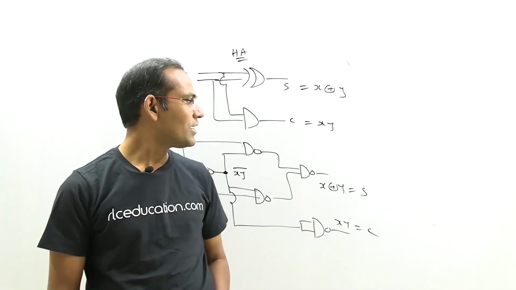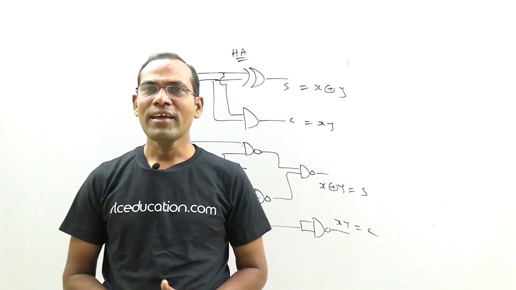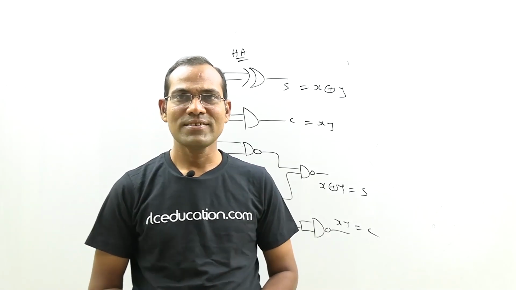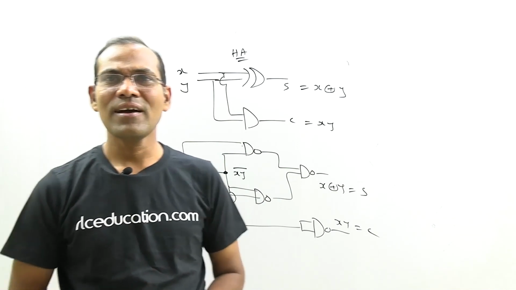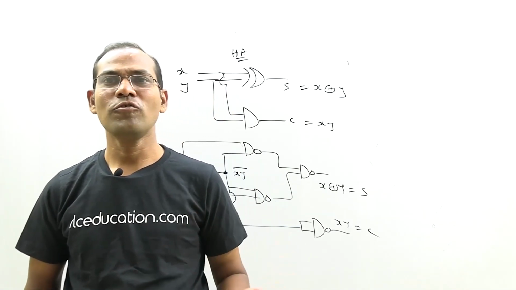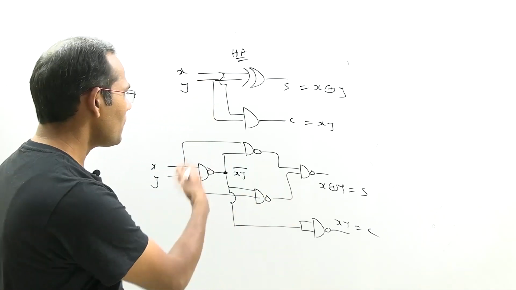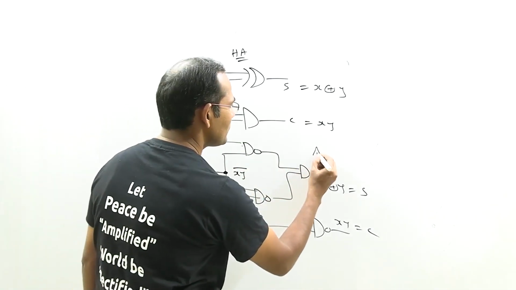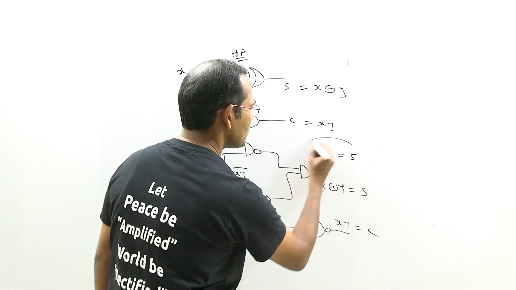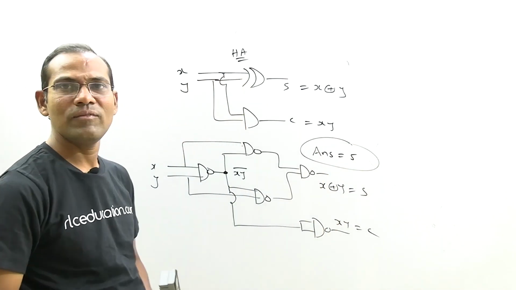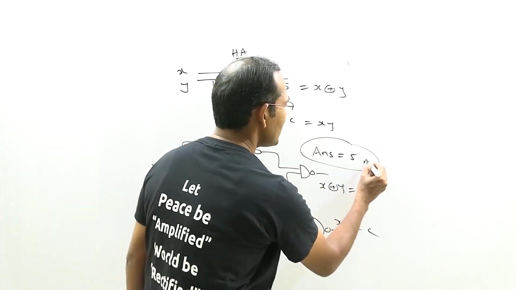Like this you can design a half adder by using two input NAND gates. Sometimes in the exam they may ask the number of two input NAND gates required to design a half adder. If you observe, it's 5. 5 NANDs are needed to design a half adder.